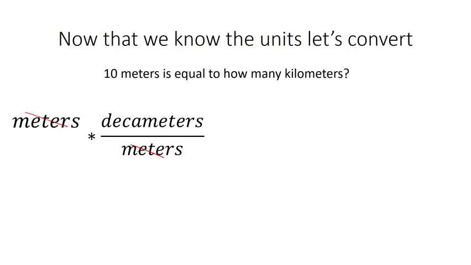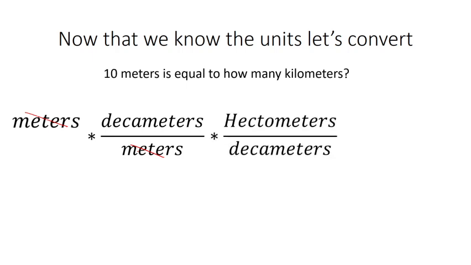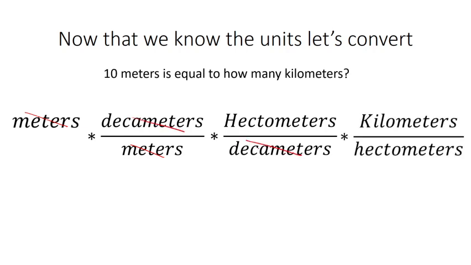And then we convert from meters to decameters, so then we can convert from decameters to hectometers. Decameters, top and bottom, they cancel out. Hectometers to kilometers, hectometers cancel out. And so at that point, we are just left with kilometers.